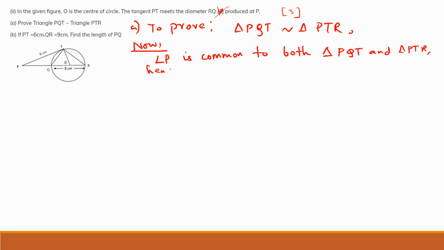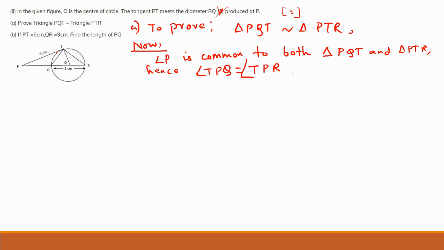Hence, angle, just write this angle explicitly if you want. TPQ. Basically, this is one triangle, right? So write TPQ, and the other triangle is PTR. So write TPR equals TPR. So this is common angle. That's why these two should be equal for sure. It's common sense, right? This is common to both the triangles.